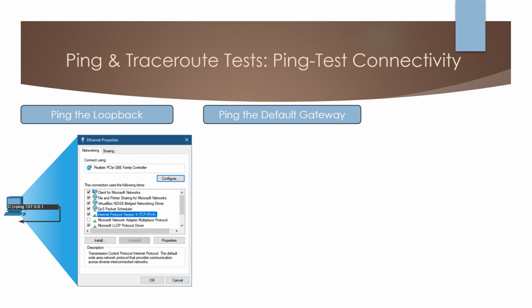For this test, the default gateway address is most often used because the router is normally always operational. If the default gateway address does not respond, a ping can be sent to the IP address of another host on the local network that is known to be operational. If either the default gateway or another host responds, then the local host can successfully communicate over the local network.